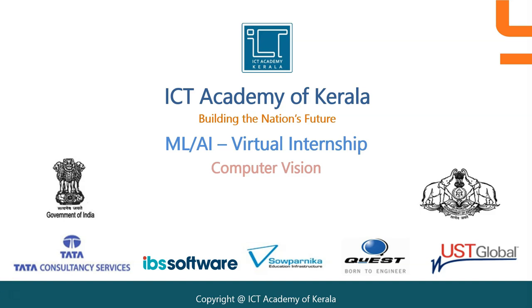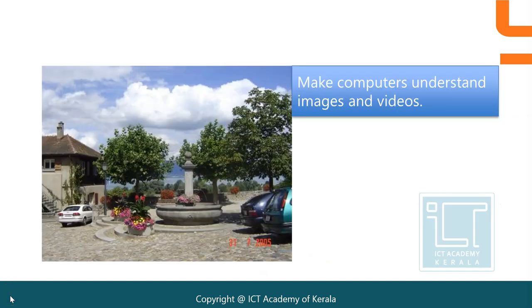Let's start. Vision means the ability to see. So, computer vision means you are giving the computer an ability to see and understand images and videos. You can see a picture, right?